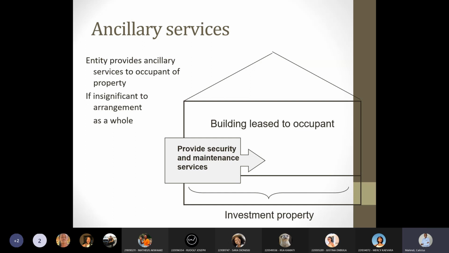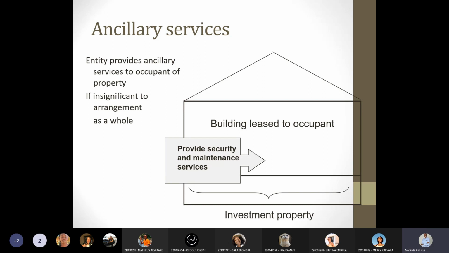So you can think of it, let's say, in terms of complexes, where you have various houses in a complex, and the whole complex is owned by one company. You provide security and maintenance services to the complex as a whole.